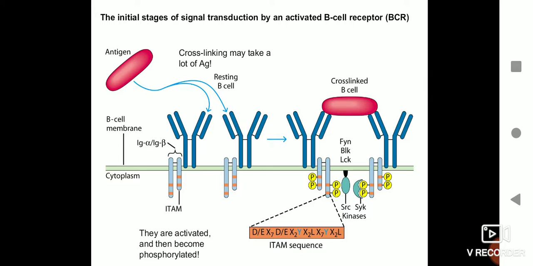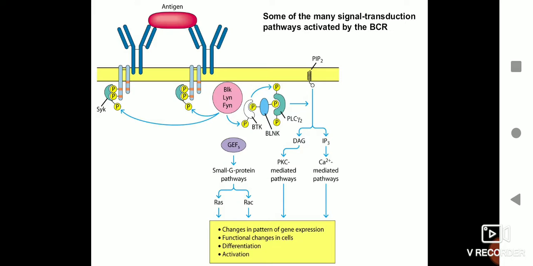By binding to two B cell receptors simultaneously, it will activate a cascade of events which will lead to phosphorylation of the ITAM sequence in the cytoplasmic tail of Ig alpha and Ig beta, which will then get activated through phosphorylation and will further activate other secondary signaling molecules like SRC kinase and SYK kinase, which will then further activate other molecules like FYN, BLK and LCK.